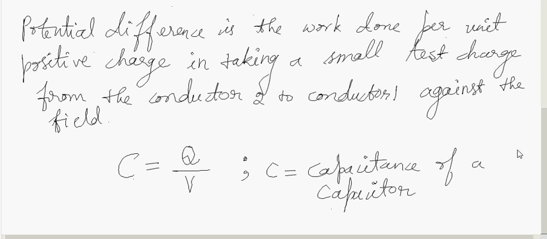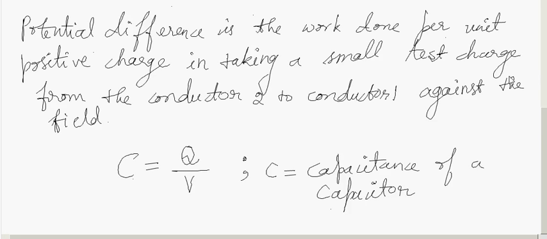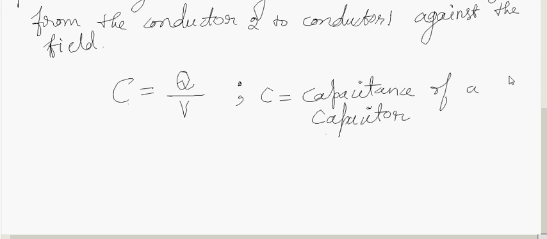The symbol for a capacitor is like this. So this represents the two conductors or two plates of a capacitor. This is the general symbol for a capacitor.